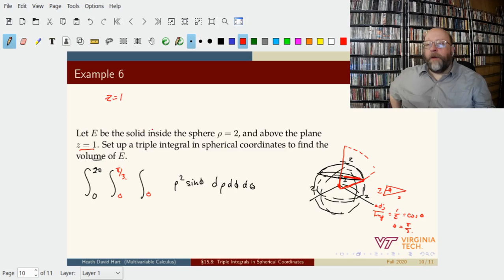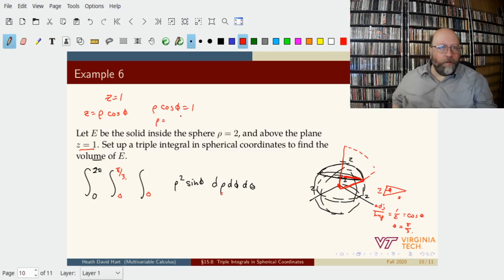But if we remember the conversion formulas, z is the same thing as rho cosine phi. And so we can write rho cosine phi equals 1, and we're trying to solve for rho.